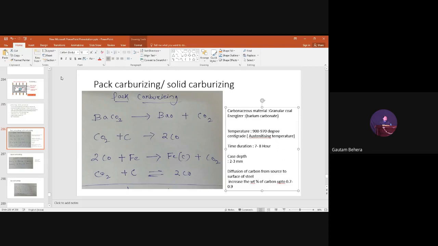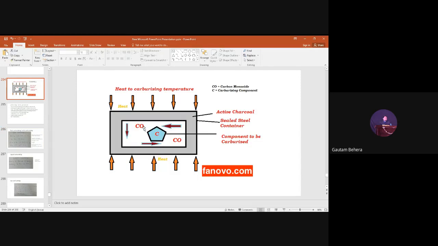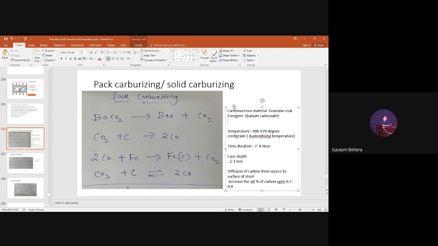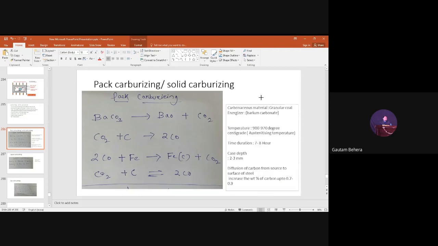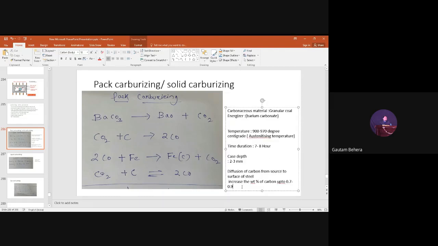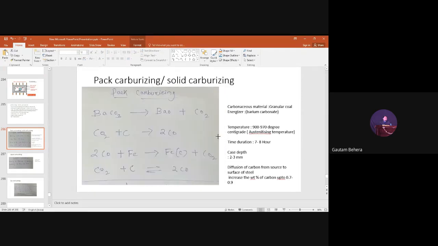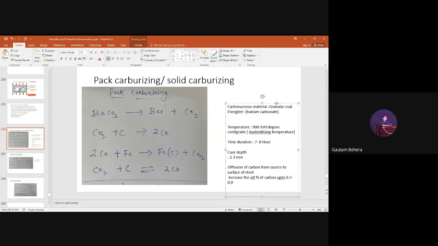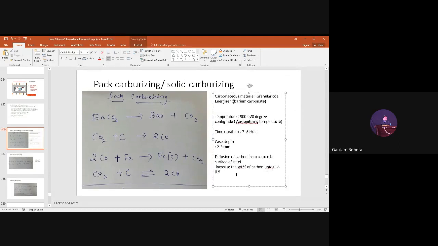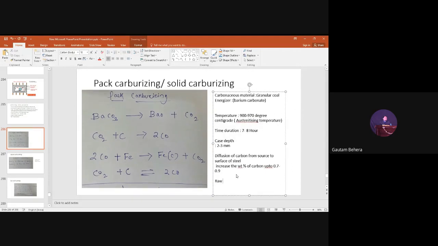Now, before moving into the reactions happening inside, let me talk about the raw materials used. What are the raw materials used here?